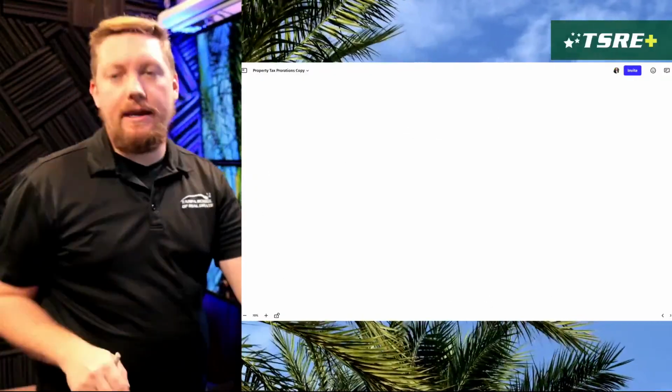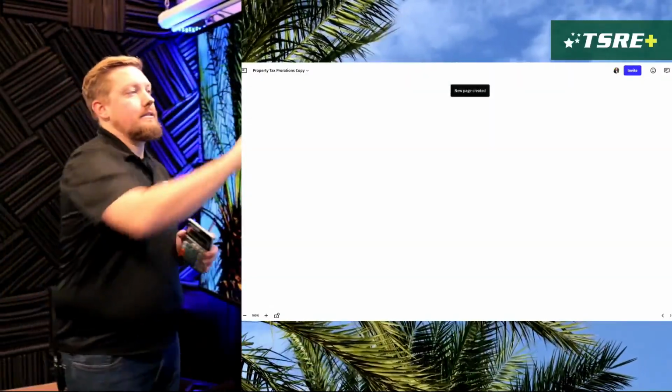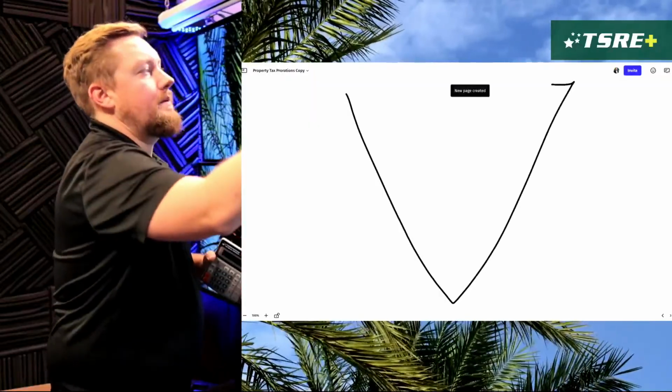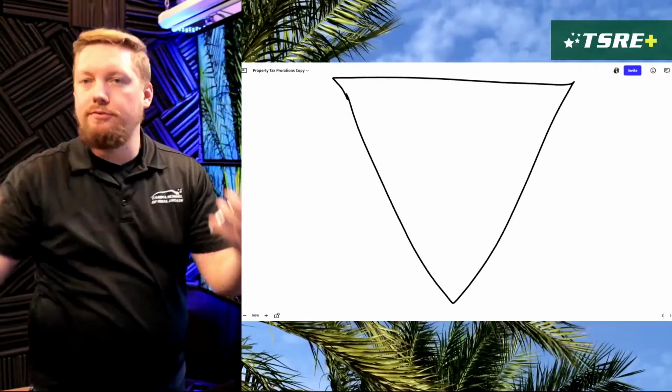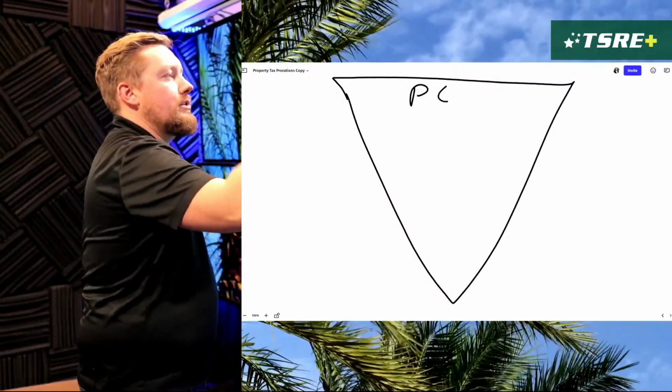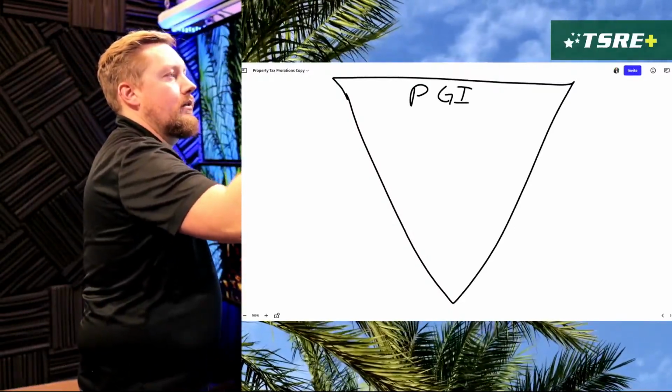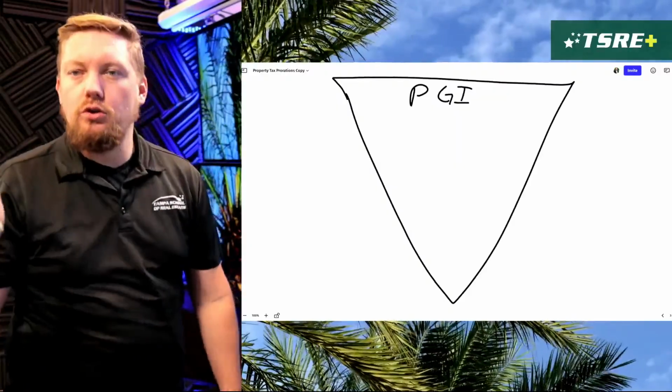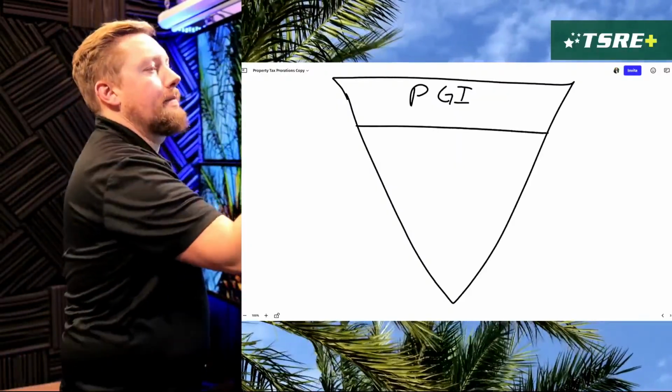So I'm going to put another diagram up here. And this upside down pyramid, triangle, funnel, however you want to think of it, what we just calculated out is your potential gross income.